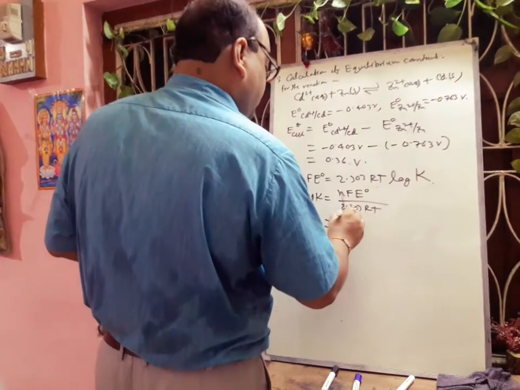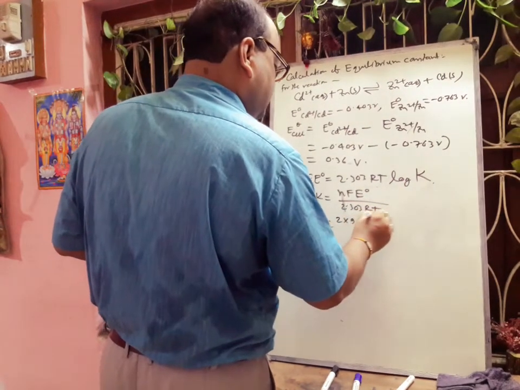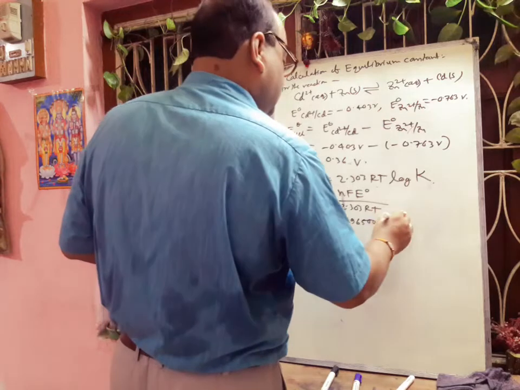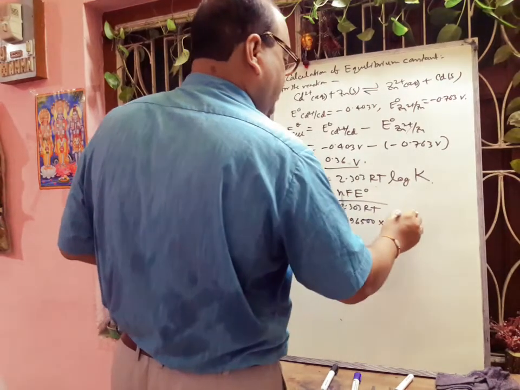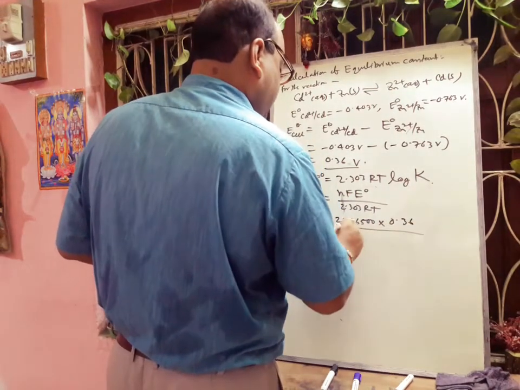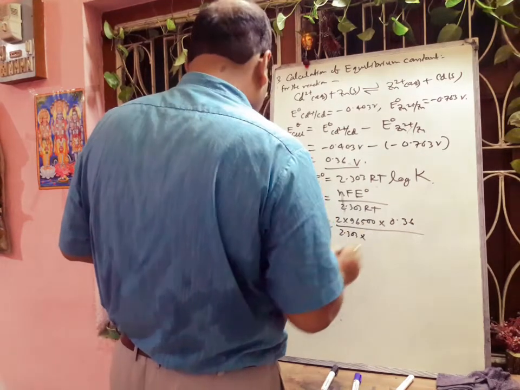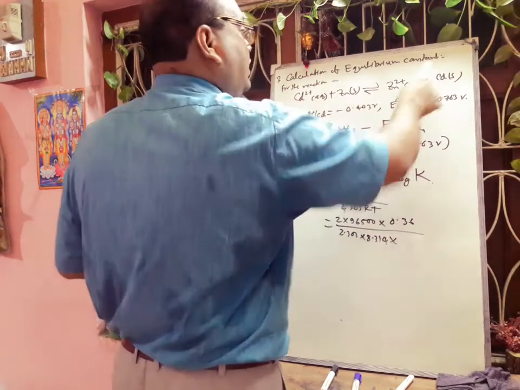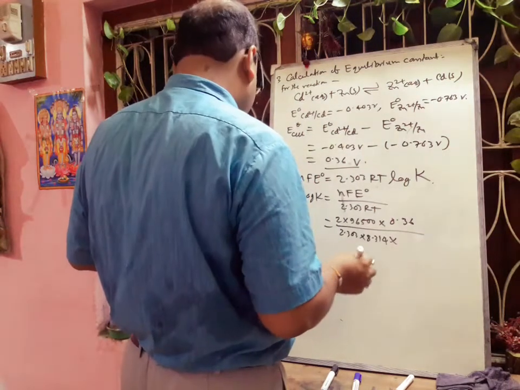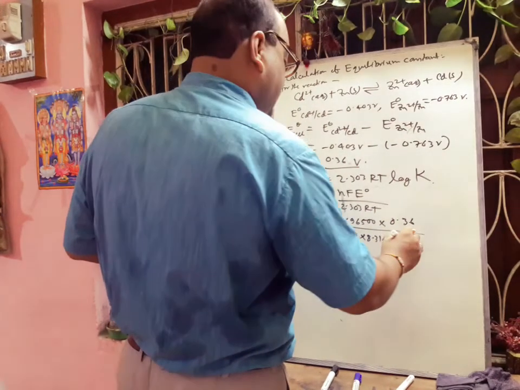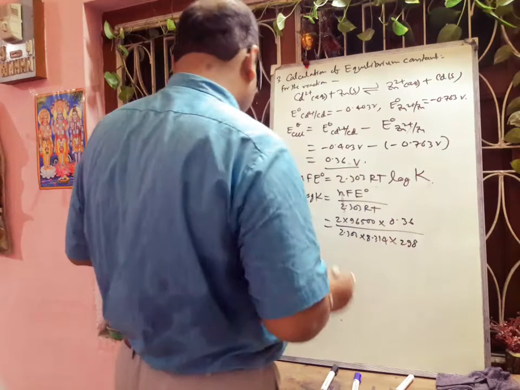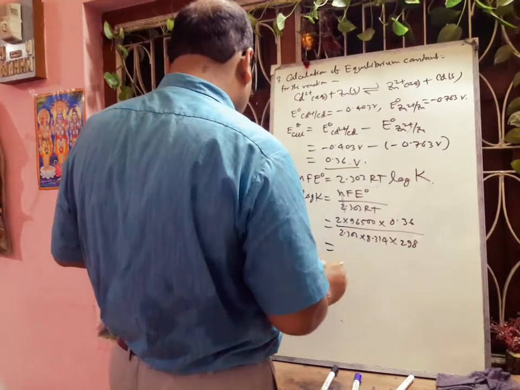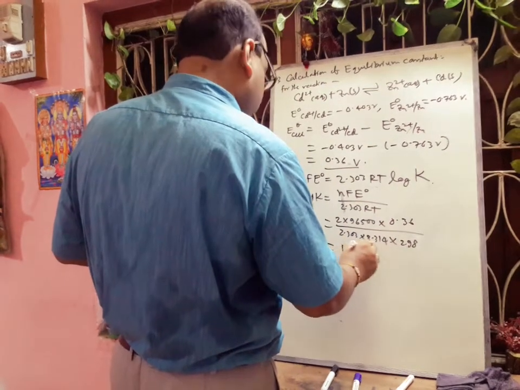That will be 2 into 96,500 coulomb, and E0 we have just calculated, 0.36 volt, divided by 2.303, and the R value is 8.314, and the temperature is 25 degrees centigrade, so take 298 Kelvin. If we calculate, we will get the value 12.203.